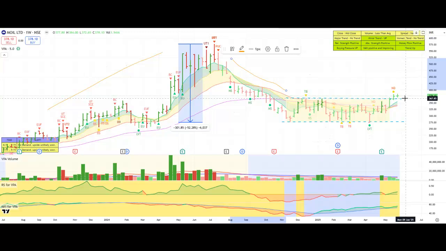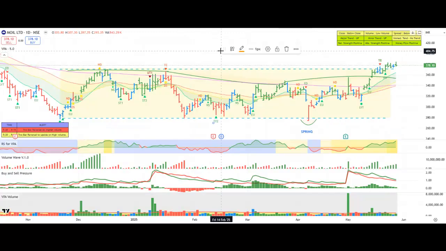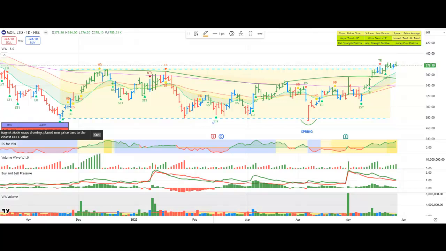Now let's look into a lower time frame, that is the daily time frame, which would give us more clues on where we are on this stock. Here I have the daily chart of MOIL. I've zoomed into the accumulation zone to have better clarity.